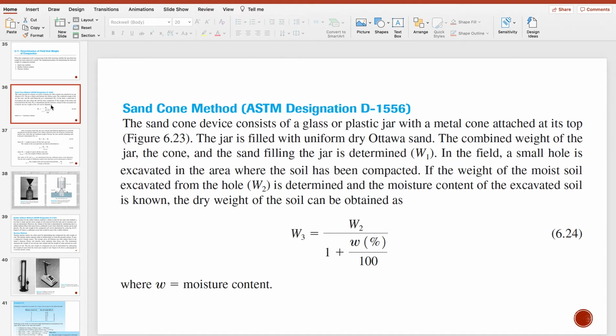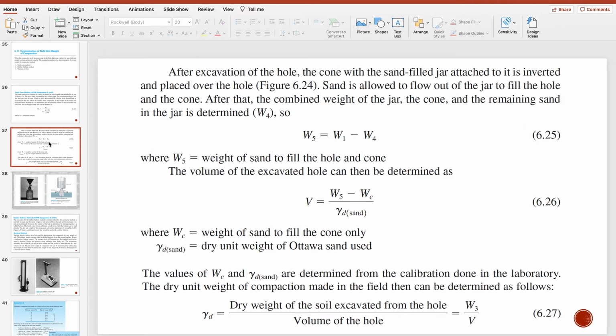Okay, kasi yung mawawalang weight sa loob ng Ottawa sand, yun yung gagamitin natin to determine our volume. Okay? So yung weight ng Ottawa sand na kompleto minus the weight of the sand to fulfill the cone only.